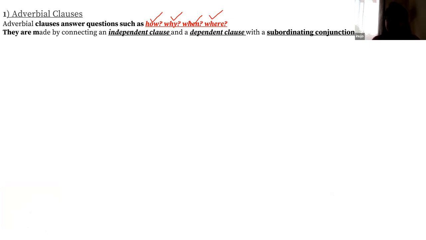Adverb clauses are made by connecting an independent clause, that is the main clause, and a dependent clause with a subordinating conjunction. So, a data sentence go, obviously, when you're talking about an adverb clause, you always have a main clause. Adverb clause bisre jadile me kotha uche, gote sentence re, obviously, gote main clause tara nihati achi.